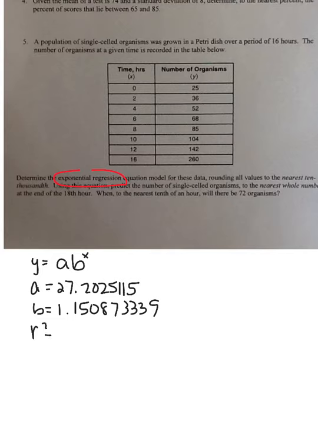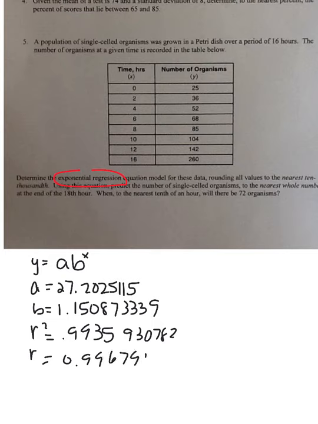R squared is 0.9935930782. And R is 0.99679139115. Remember, that number is really close to 1, so that means it's almost a perfect exponential.